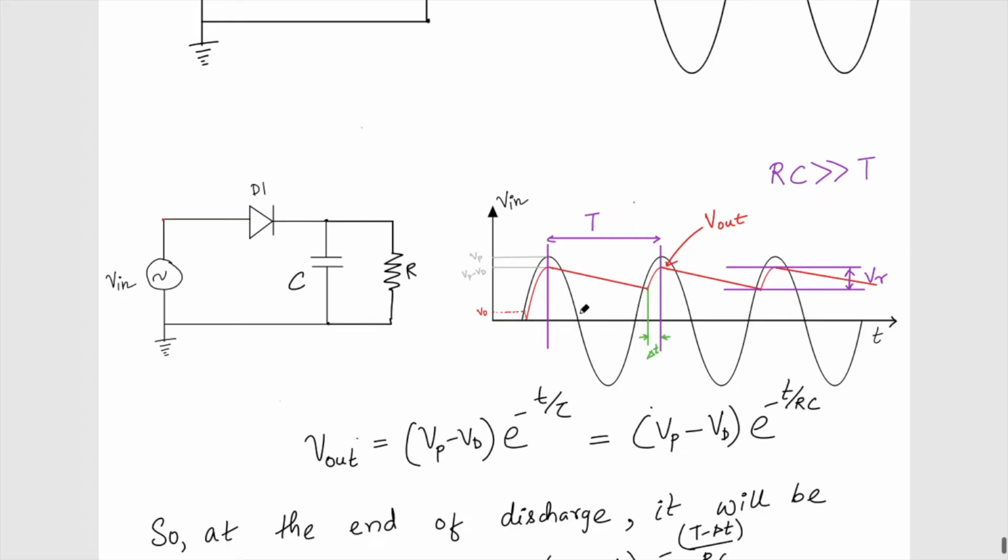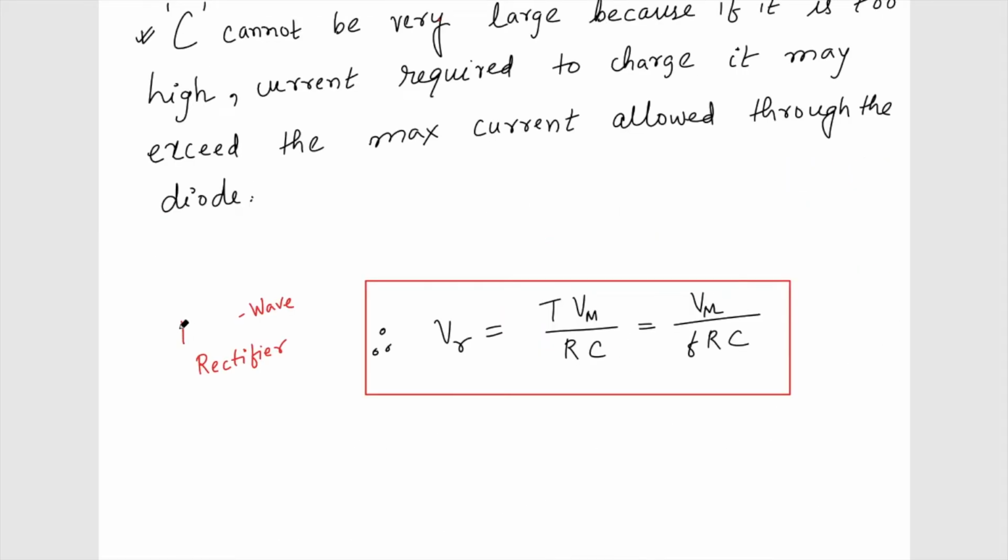If you see here, for a full wave, the next waveform is going to come here, so the time period T is going to become T by 2, or the frequency is going to become 2 times F. So finally my ripple voltage will become half in case of the full wave rectifier compared to the half wave rectifier. Now let's see all these things we have discussed in LTSpice.